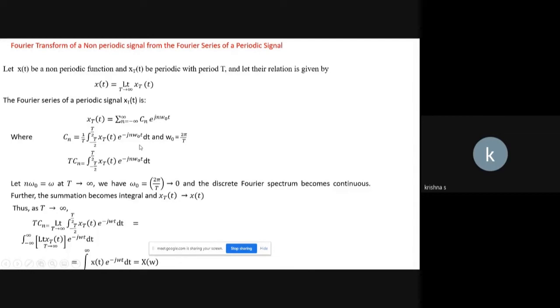We know that omega naught is 2 pi by T, where T is the period of the waveform. But in this case T is infinity, so omega naught is 0, and we get only omega. In that way, we can derive the Fourier transform directly from the Fourier series.